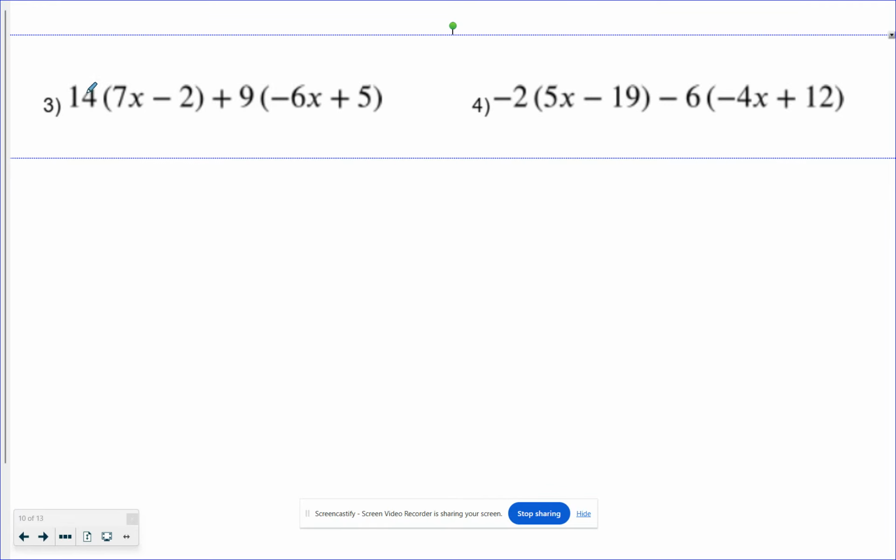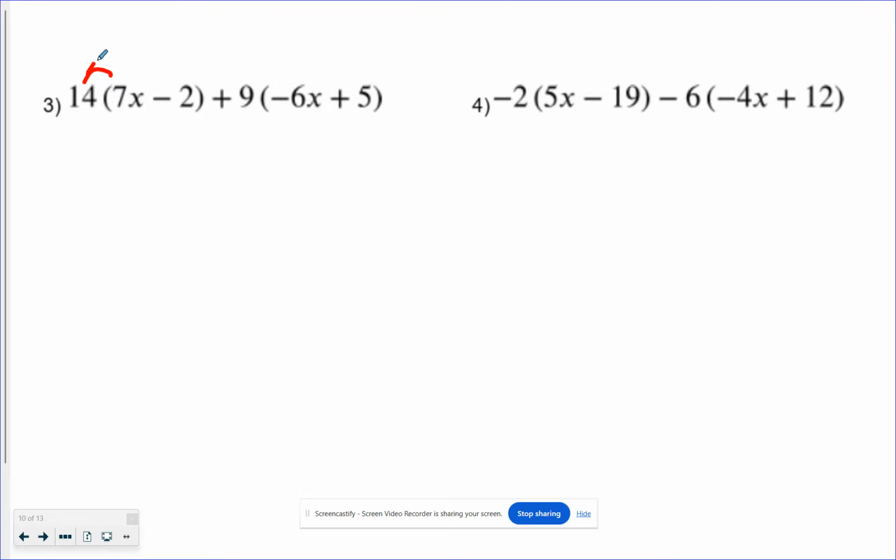And then in this case, guys, we are looking at distributing 14 through the parentheses. So we're going to take 14 times 7, and 14 times the minus 2. So you guys would get 98x minus 28.